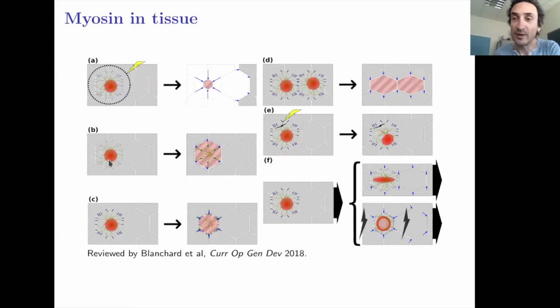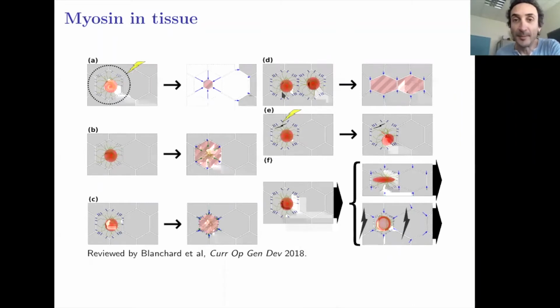If myosin is very active in that cell, then it will contract the cytoskeleton of the cell without changing its shape. Whereas later on in the same tissue, you have much stronger adhesions between the cytoskeleton, the actin of this cell, and the neighbors. And this time, the effect of myosin is to contract the whole cell, pulling the neighbors around it.